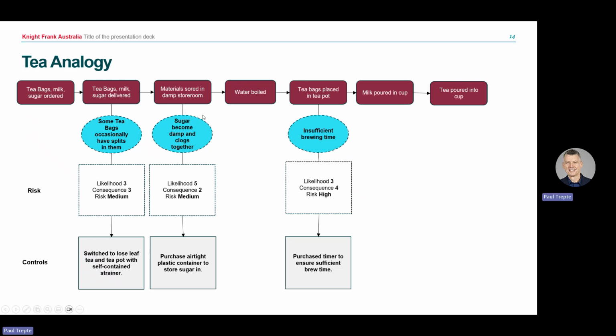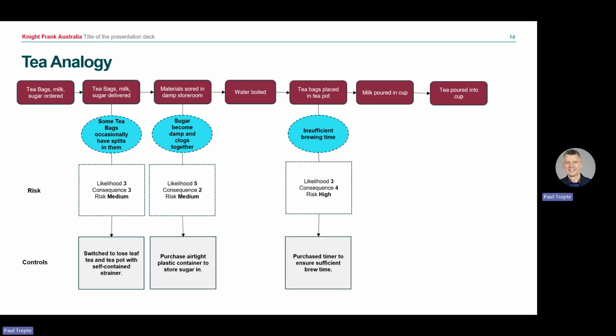Now, after our tea bags are delivered, we store our materials in a damp storeroom. And the single point of failure that we've identified is that the sugar's starting to become damp and clogs together. And the likelihood of this happening is almost certain, as the storeroom's damp.